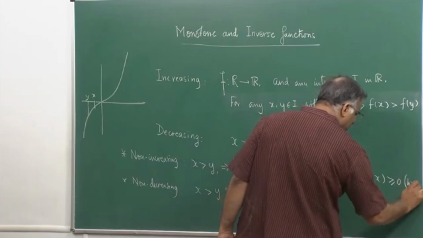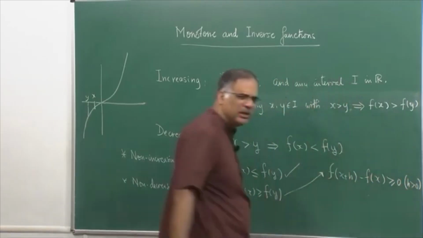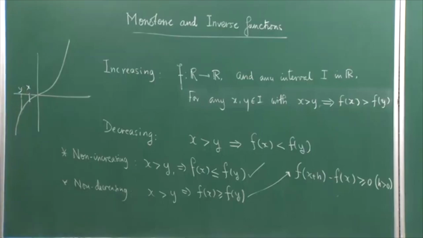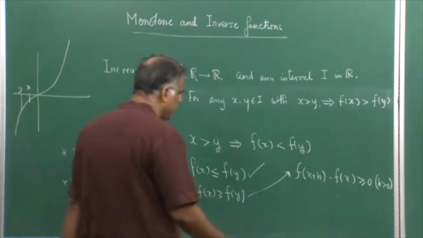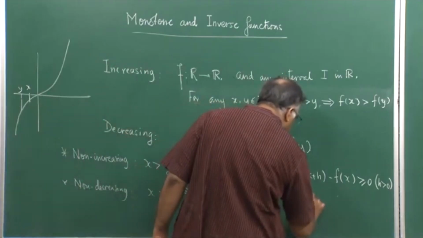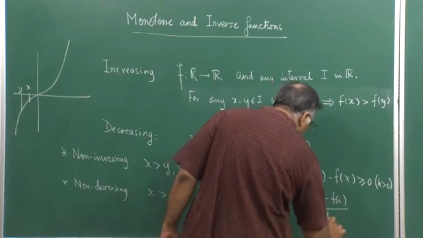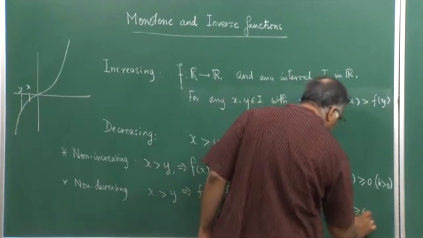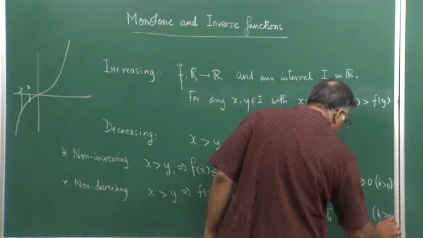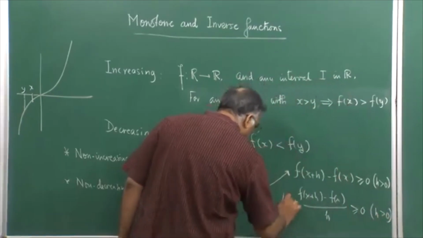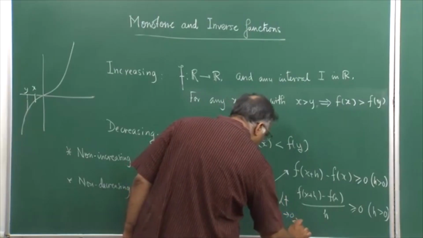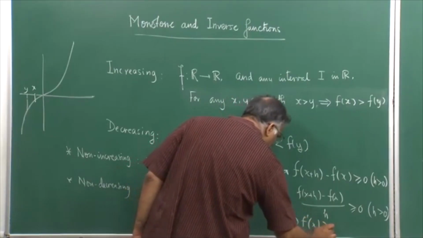Because h is greater than 0, x plus h is strictly bigger than x, which means f of x plus h is either equal or strictly greater than f of x. Then because h is positive, you simply divide by h. Then you take the limit as h tends to 0, that will simply tell you that f dash x is greater than or equal to 0.